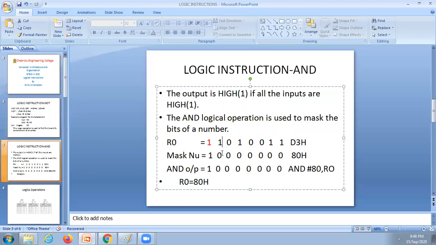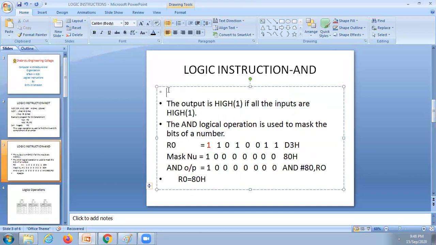Here, you need to remember that in some of the processors, the syntax will be opcode followed by source followed by destination.